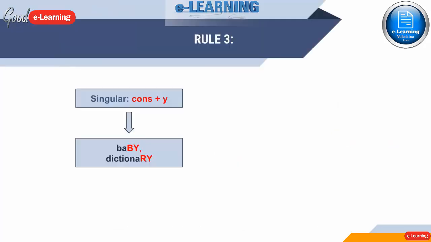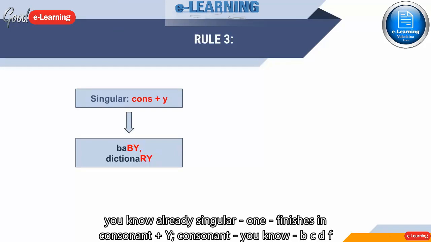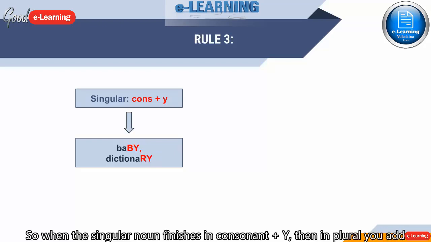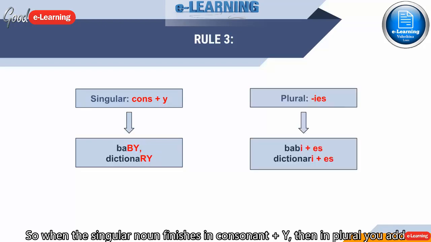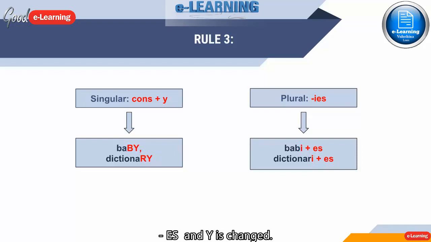The rule: when the singular, you know already singular, one, finishes in consonant plus y, consonant, you know, B, C, D, F, okay? So when the singular noun finishes in consonant plus y, then in plural you drop y and add ies.